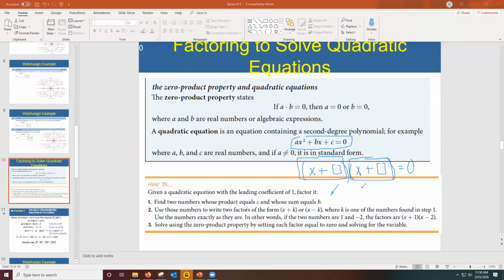You break this up into 2 equations. That's what this statement is trying to tell you up here.